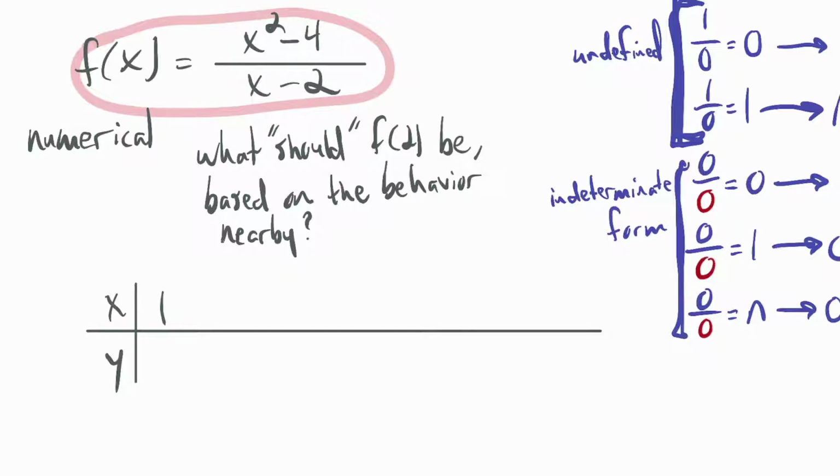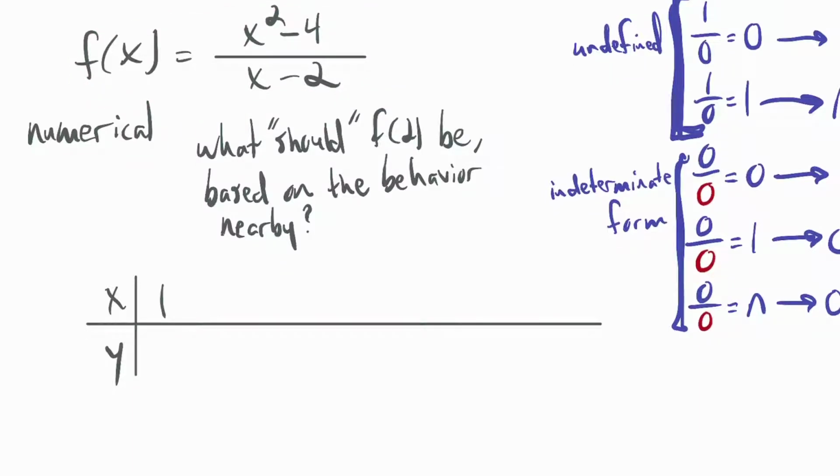This might be really simple, especially with a whole number. But I would encourage you to double check that these are correct. I'm going to tell you what I think they are, but you should check these for yourself, by hand or with a calculator. So if I plug in 1, I'm going to get 3. I'll show this first one directly.